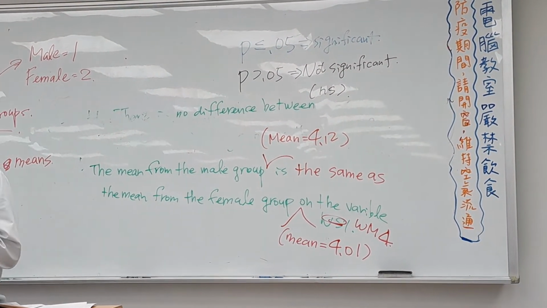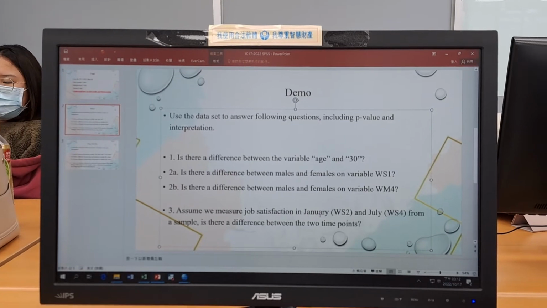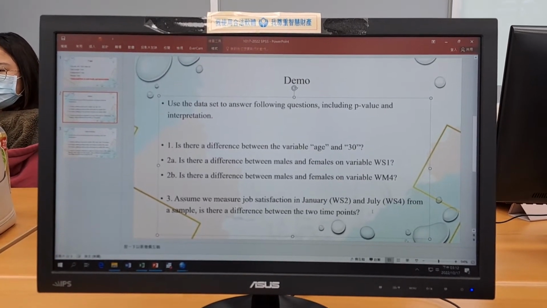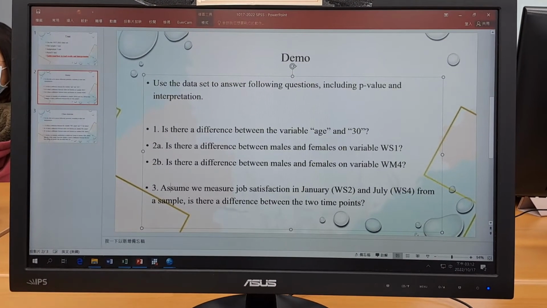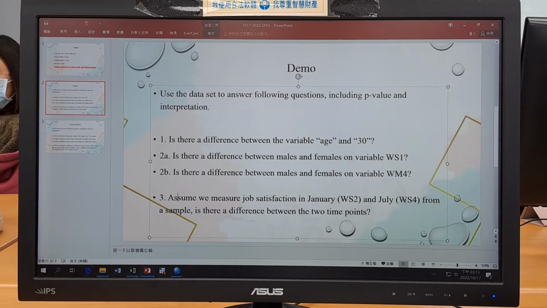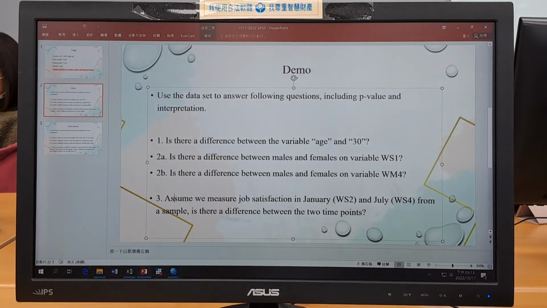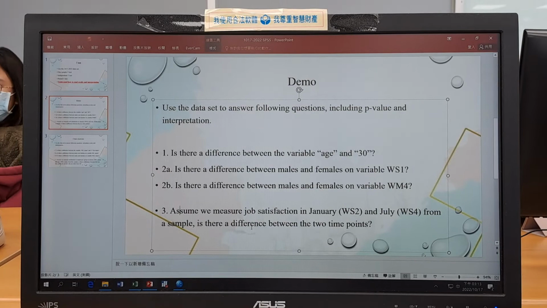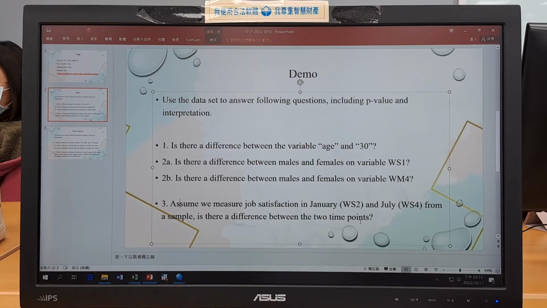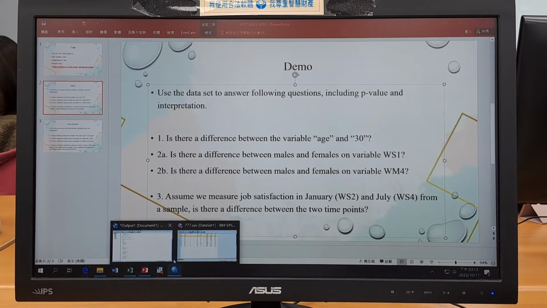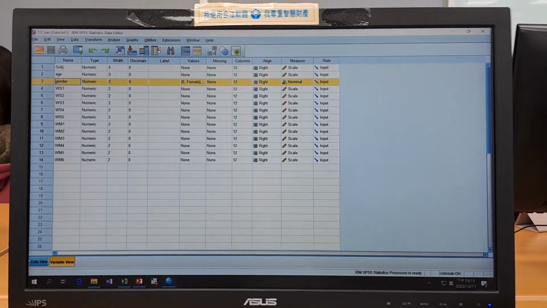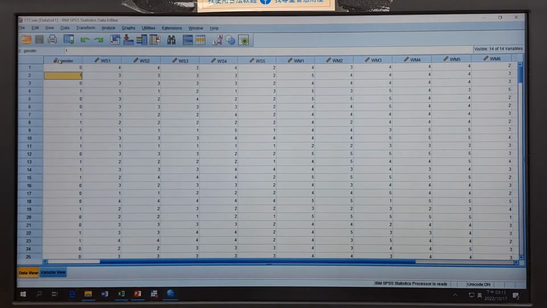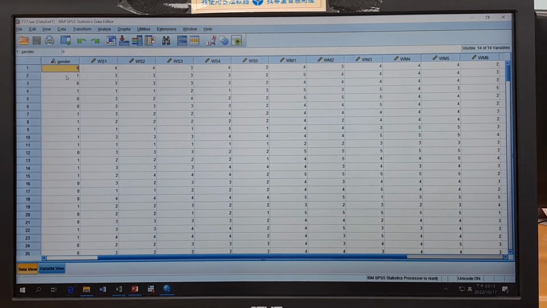Let me finish the third one. WS2 represents the scores in January and the variable WS4 represents the scores in July. From a sample, is there a difference between the two time points? If you look at the data set, gender 0, 1.